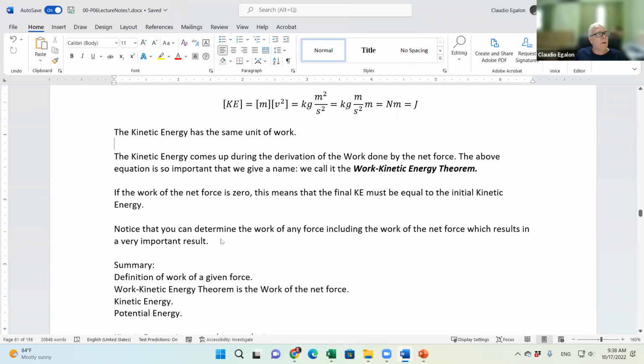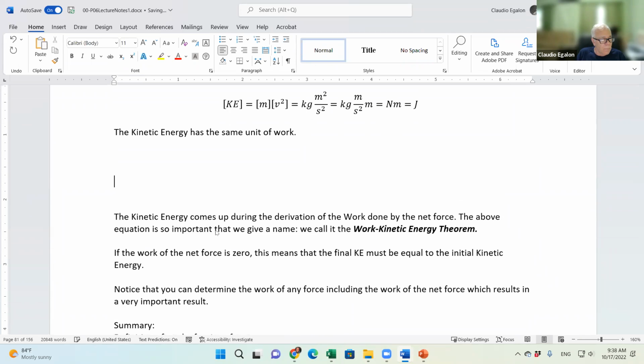Okay, so here you go. Car example using the work kinetic energy theorem.